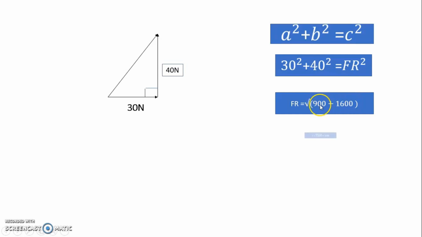If you add these two, you will get 2500. The square root of 2500 is equal to 50 Newton. So the resultant vector of 30 and 40, between these two vectors, is equal to 50 Newton.